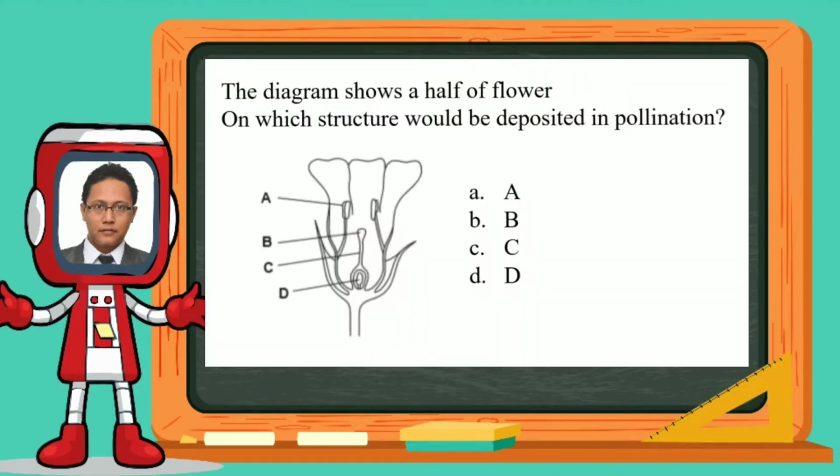Question 1 out of 6 that we will discuss for today. In this question, you are given a picture and asked to locate where the pollen will be deposited during the process of pollination.